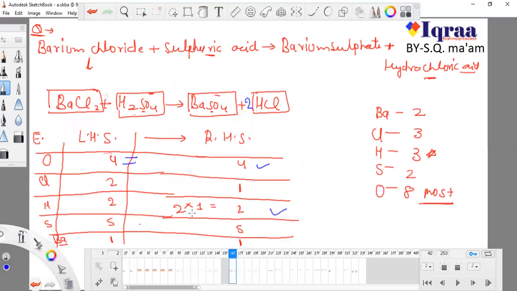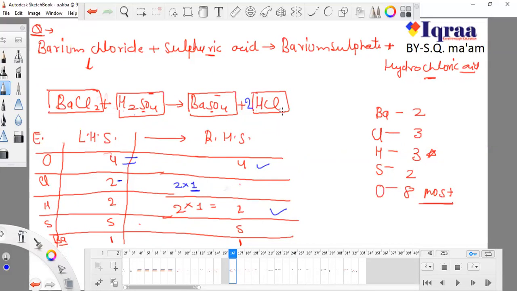Now what about chlorine? Let's look, something is very relevant: the chlorine is 2 here, I know, and suddenly when I increase the number here, the number of chlorine is also changed. We can see that I multiplied chlorine also by 2, so the chlorine is also 2. It was 1 before.